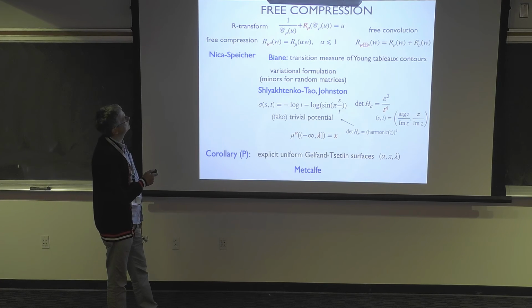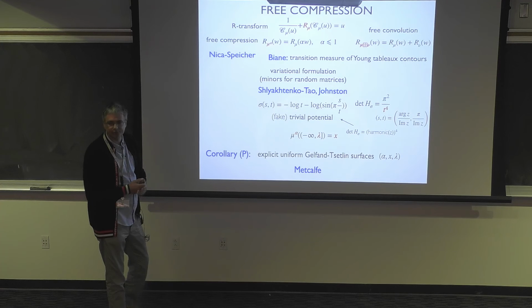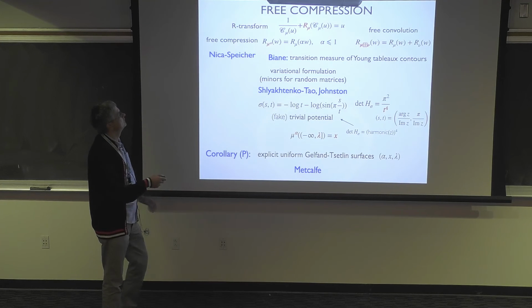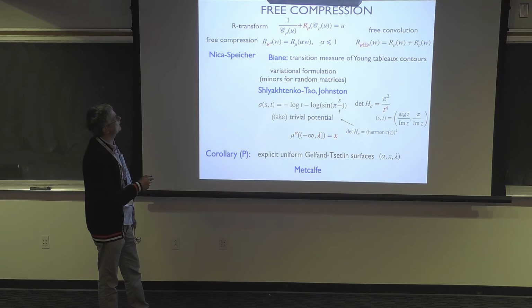And there is also a connection to free compression. In terms of the R transform, one can introduce this free compression with some number alpha smaller than 1. So define this new measure in terms of the R transform by putting this alpha inside here.